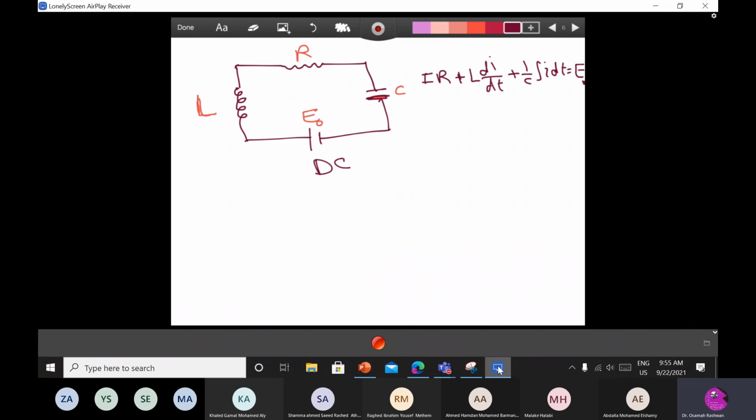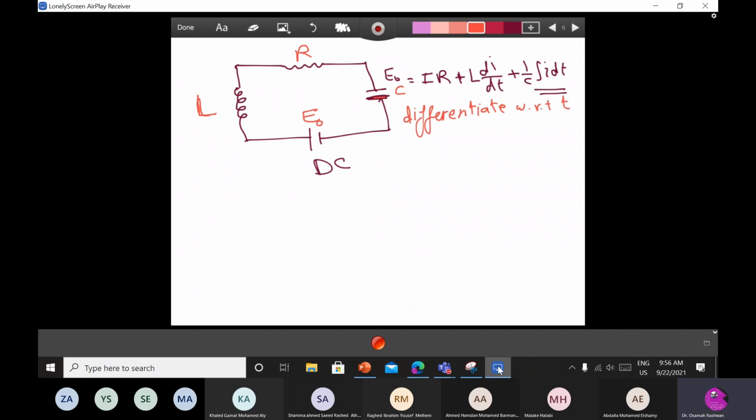So you have E naught. Now I would like to get rid of the integration to have a differential equation. So I'm going to differentiate with respect to the independent variable t.